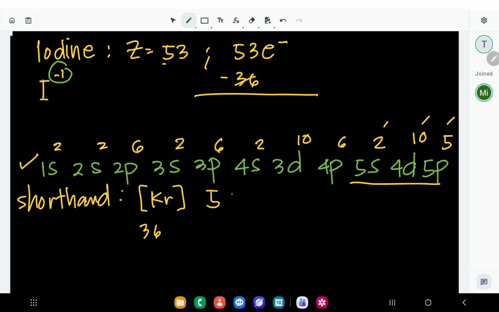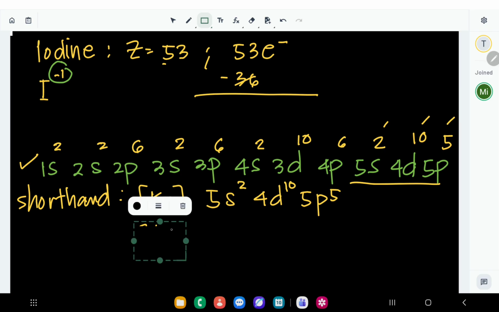So that is 5s2, 4d10, 5p5. So this is now the shorthand electron configuration of iodine, the neutral iodine. But we are asked for the shorthand configuration of the iodine ion, right? Take note here that the iodine ion has a negative charge, -1.